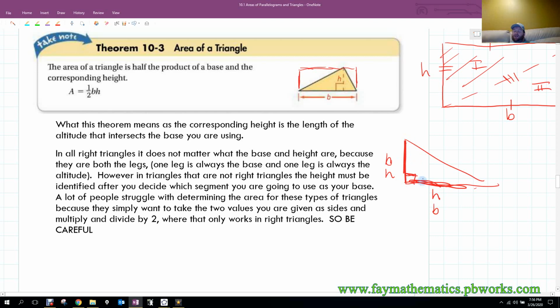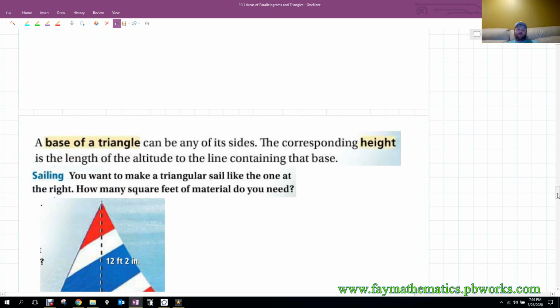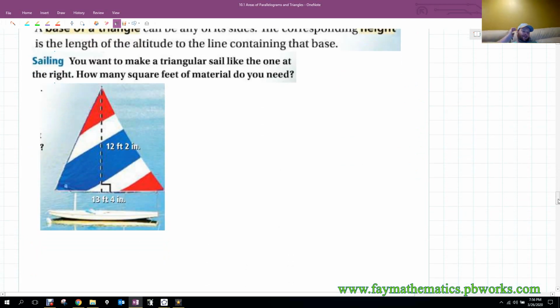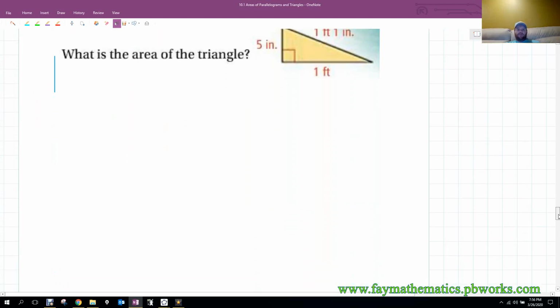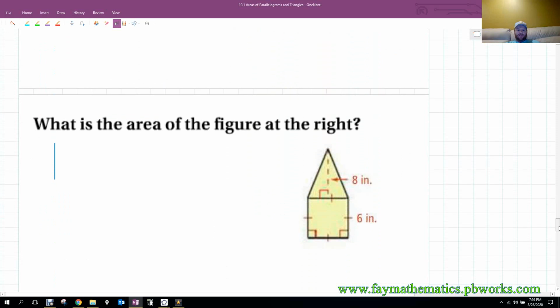Both sides here are altitudes in a right triangle. So a lot of times you just took the two sides and multiplied them together and multiplied by 1/2. You don't always do that. So I just want to make sure that we don't end up doing that in a lot of the situations that we come across. I'm going to skip that problem here. Skip that one as well.